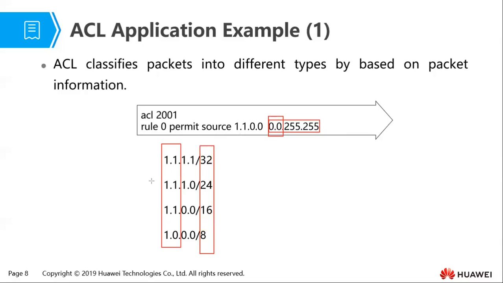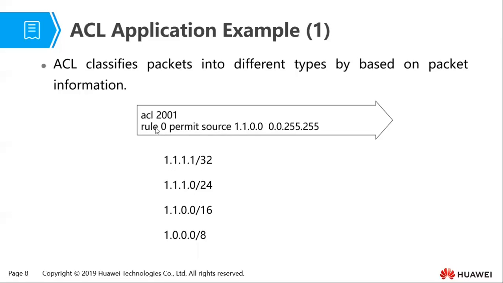Just look at the two zeros, then look at these two. Anything that has these two will be allowed from this particular rule. So what will not be allowed by that rule is actually this one here. So ACLs do not really take into account the mask. I hope you've understood that.